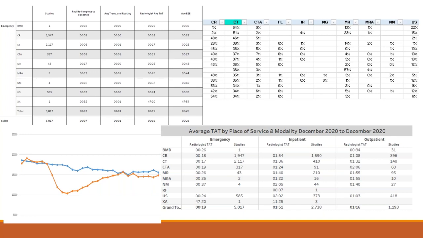Bottom left corner, simply volume trends. You can see an impact of COVID in this year and then where our volumes came back. Top right corner, for those of you in radiology that are dealing with radiologists, you'll hear the term cherry picking. What happens is, particularly if you have doctors that are on a productivity model, they are looking to read the higher complexity studies because there's more RVUs to that, which usually equates to more money.